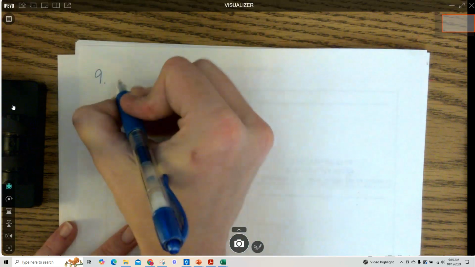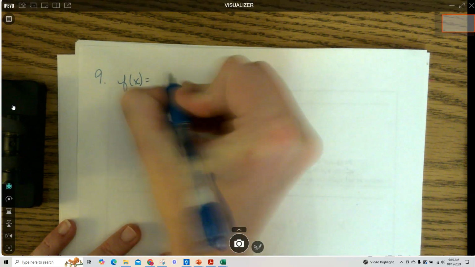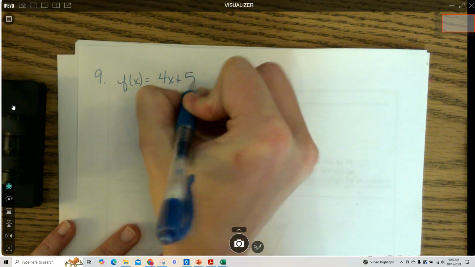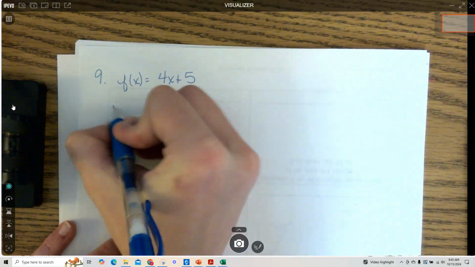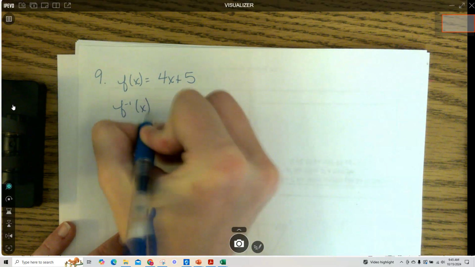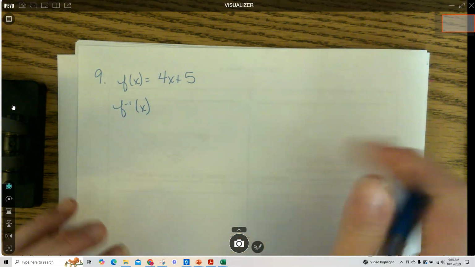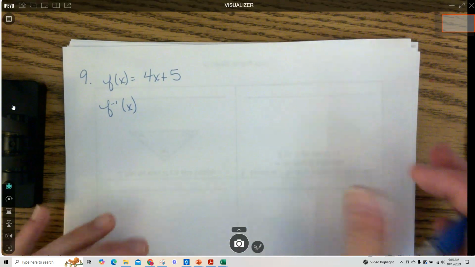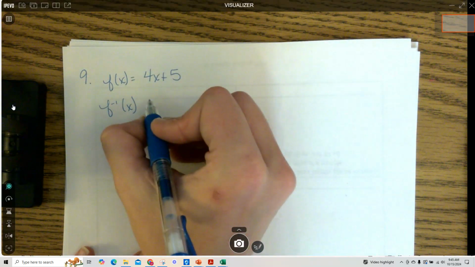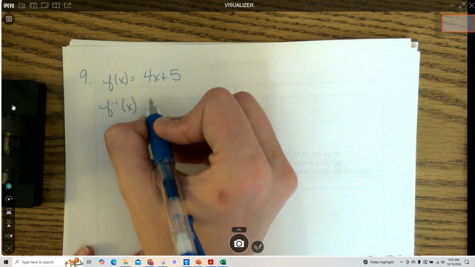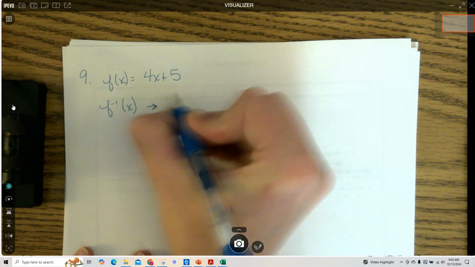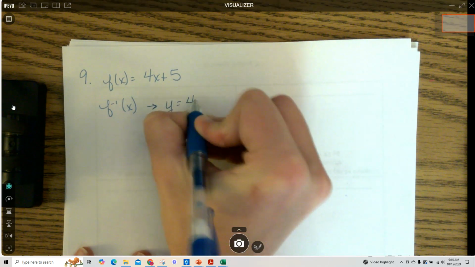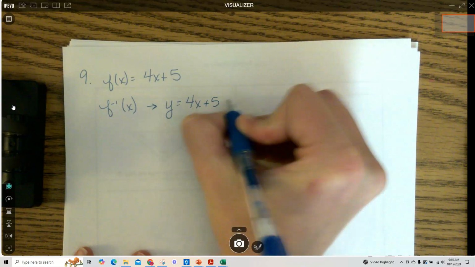Function f of x equals 4x plus 5 is 1 to 1. Find the equation for f to the power negative 1, the inverse function. It says verify the equation is correct by showing that. Okay, just proving it. Yes. So we've got y equals 4x plus 5.